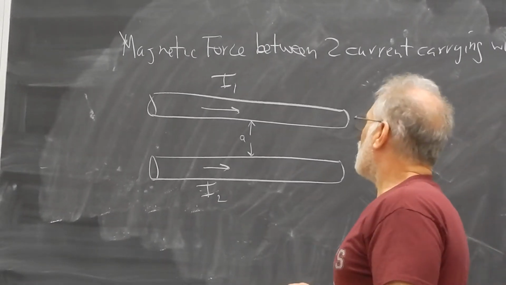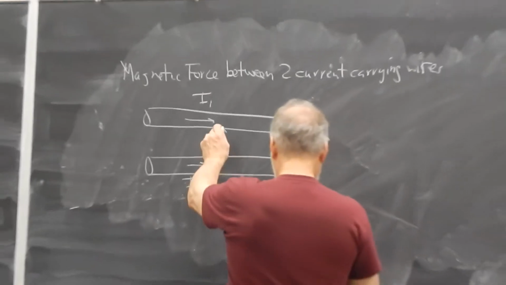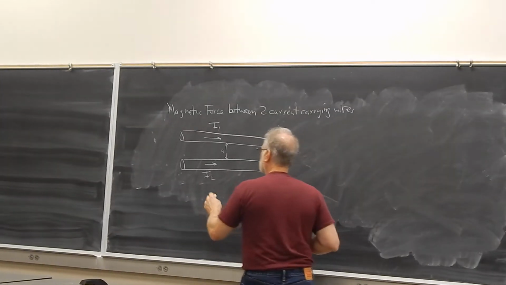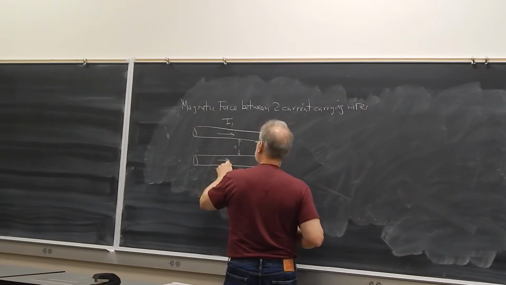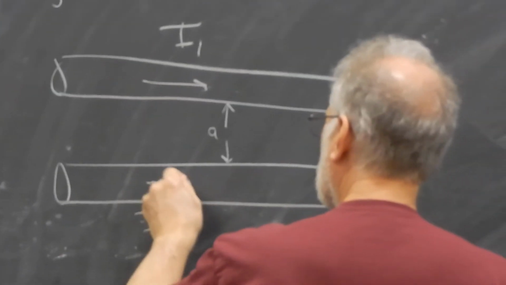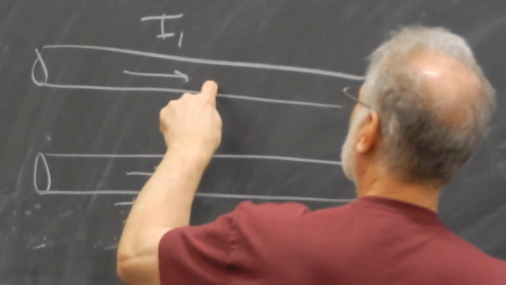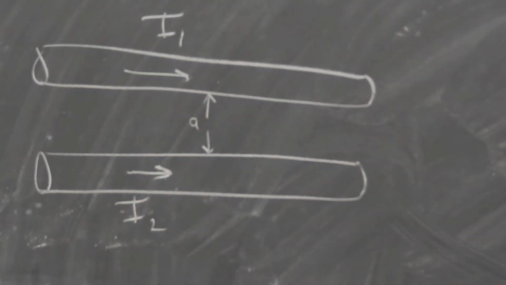Well, from what we know before, let's look at the force on wire 1. Wire 2, with a current of I2, will set up a magnetic field at wire 1.